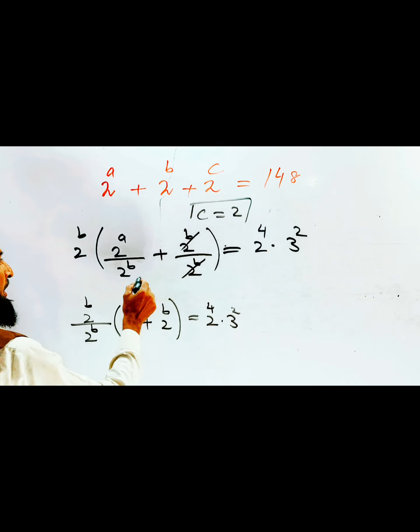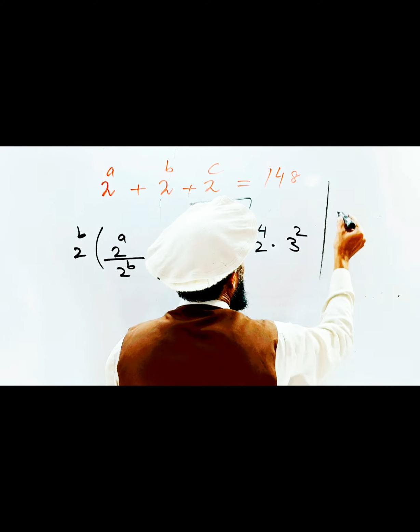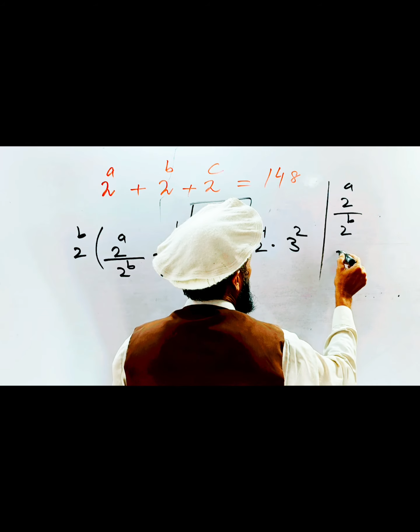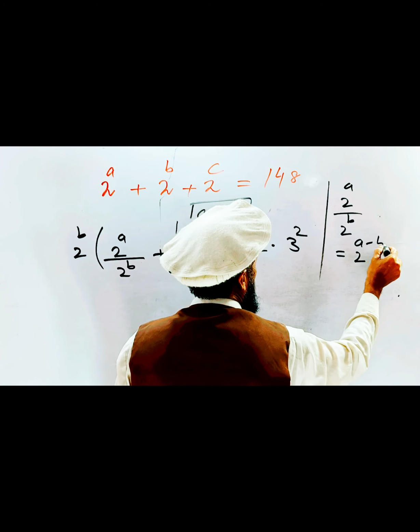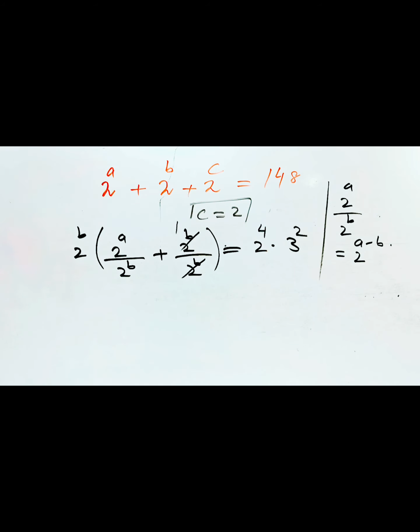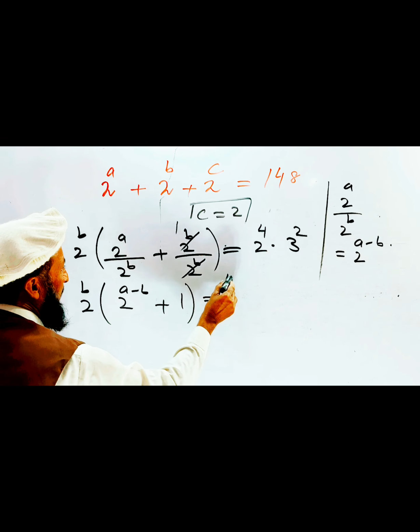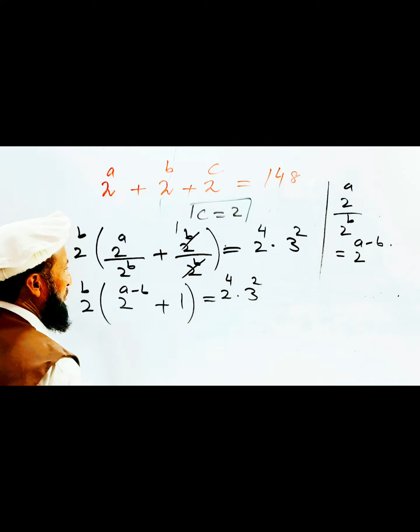Now we divide this one, and we get what we already did in the previous steps: 2 exponent of a and 2 exponent of b. So we take one base, a minus b, we can write in this form. So 2 exponent of b, this term we can write as a minus b plus 1, is equal to 2 exponent of 4 and 3 square.